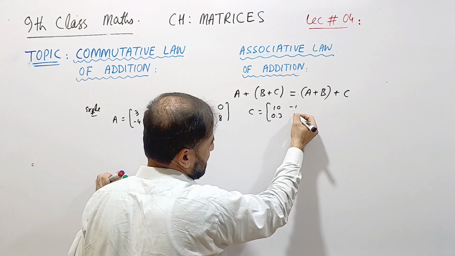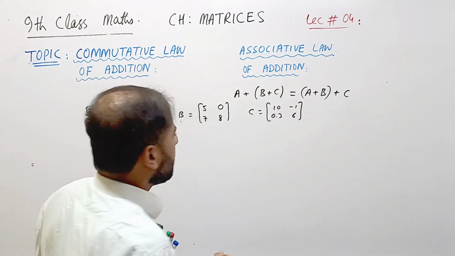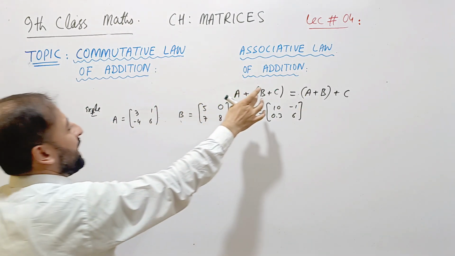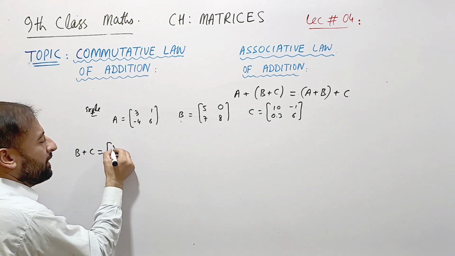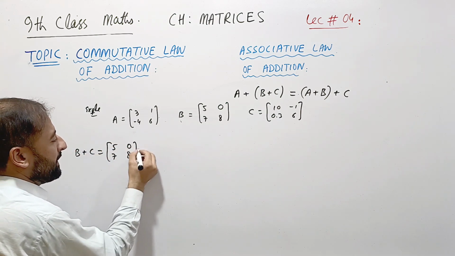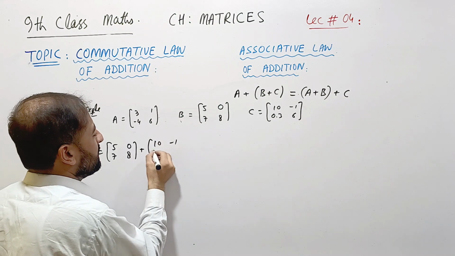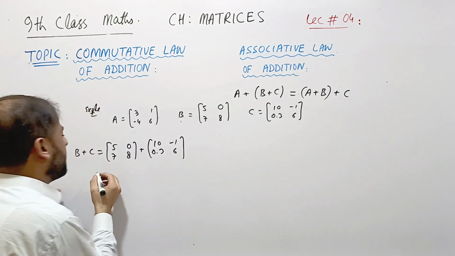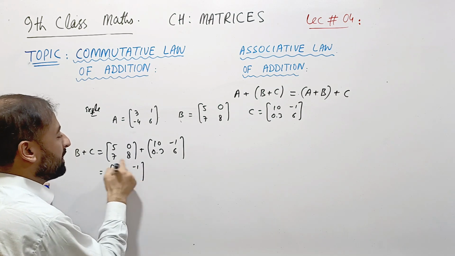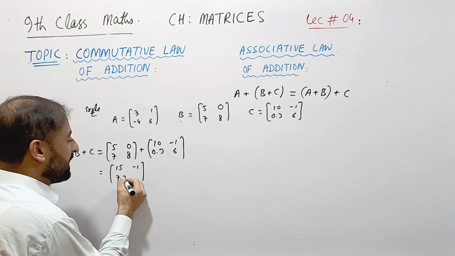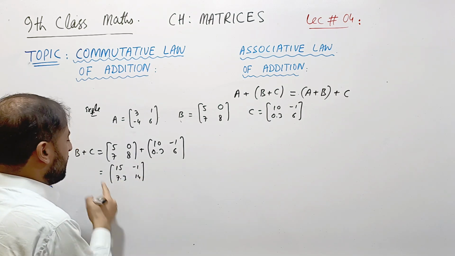Okay, first you determine the left hand side. For that, first you do B plus C, simply putting the numbers. Nothing could be simpler for you, my dear students. 5 plus 10, 15, minus 1, 7.3, and 14. B plus C.